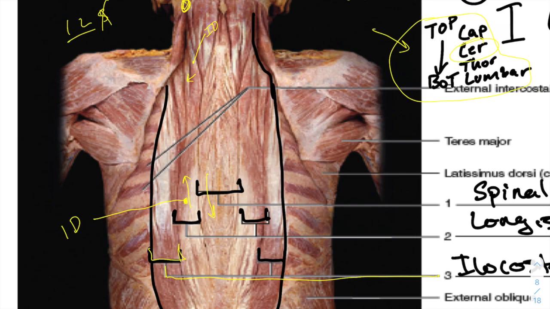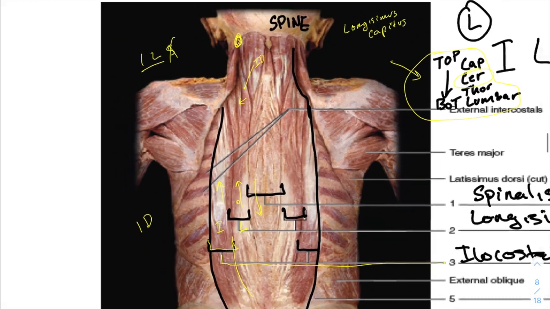Now, it looks pretty low, so it can be either the iliocostalis or the lumbar region, but there's going to be another set of muscle fibers with a clear definition. You can see this line. This is another group of muscle fibers, and it's clearly defined that there's something more lateral to it, and it's also going out. So the thing more lateral to it is going to be the iliocostalis. Therefore, this has to be the longissimus.